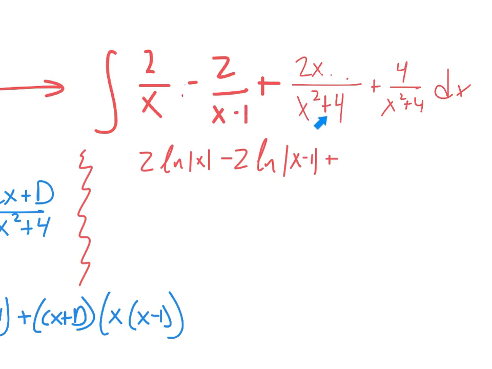If this is u, then du is x dx. Actually, I'm sorry, 2x dx. Well, that's good. We got 2x up here and our dx. So this is u, and this is du. That's good news. So that's just going to be the natural log of x squared plus 4. Which we don't really need absolute values around that because x squared plus 4 is always positive.